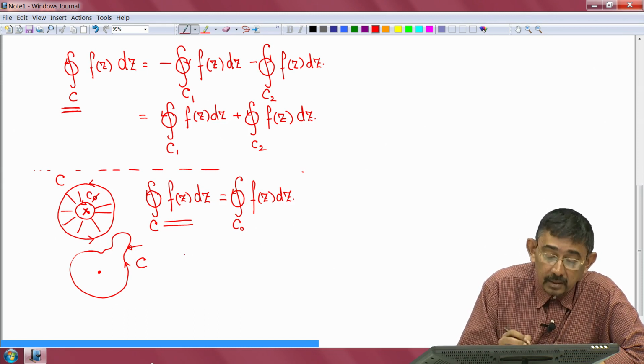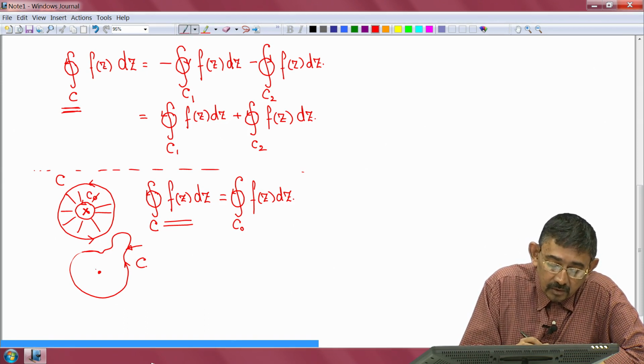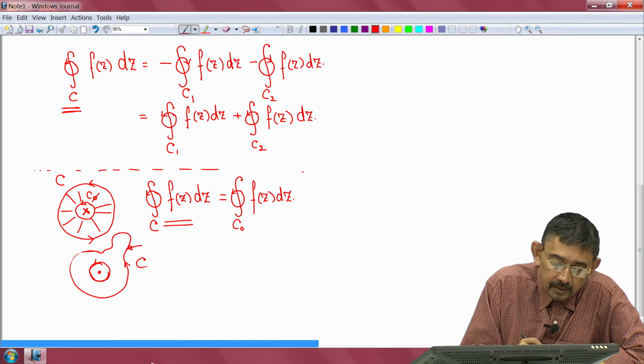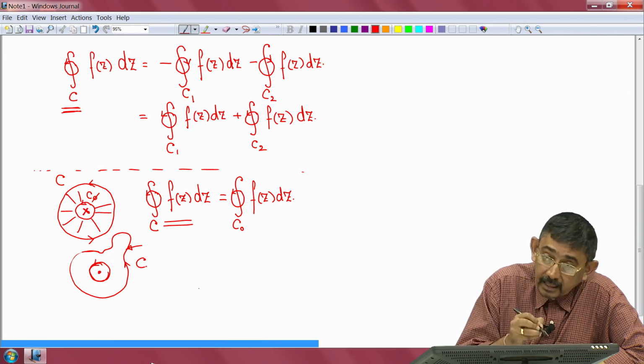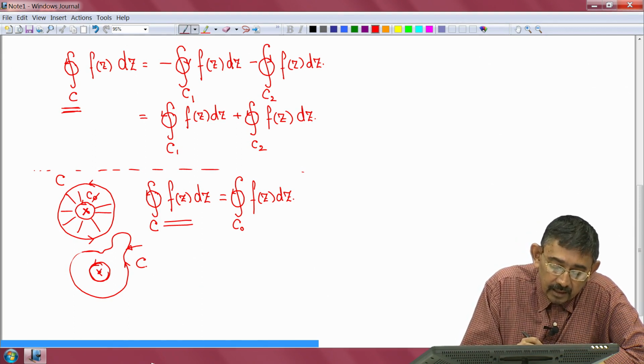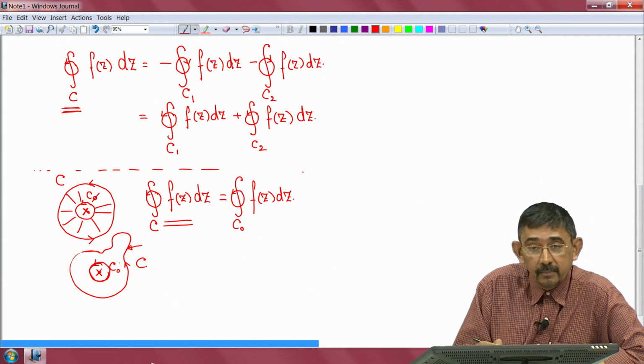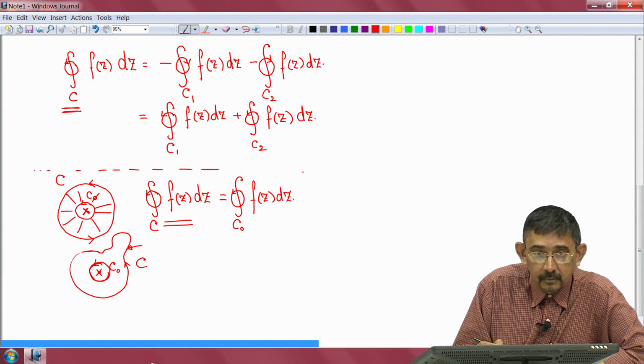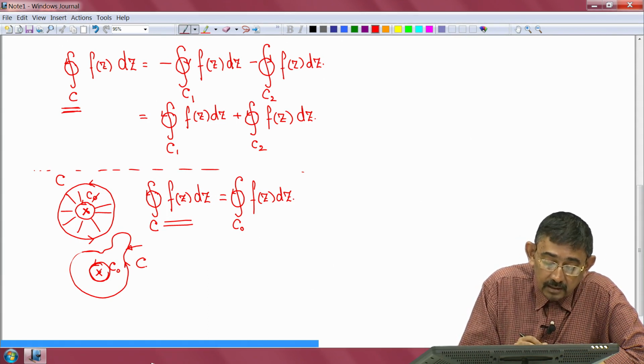What I can do is deform this contour into whatever convenient form I want, perhaps a nice circle, and take it down as long as I do not touch the singularity. So, I can deform this contour C into C0 of any shape that I want, as long as I do not touch the singularity.